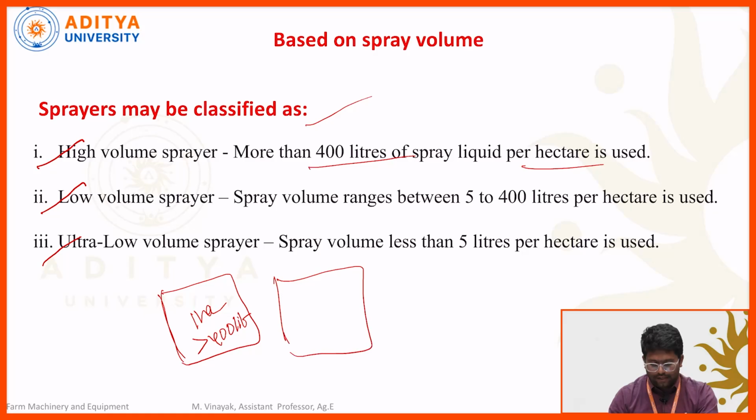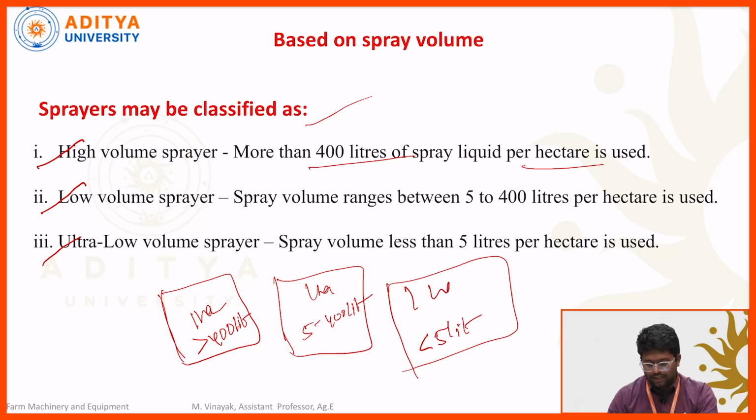If the liquid requirement is 5 to 400 liters, it is called a low volume sprayer. If it is less than 5 liters per hectare, that is called an ultra low volume sprayer.